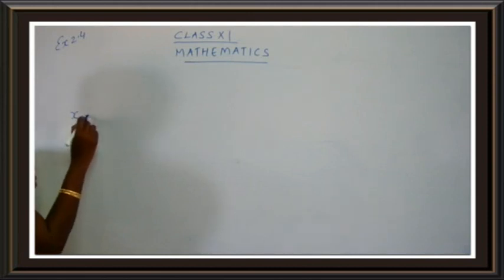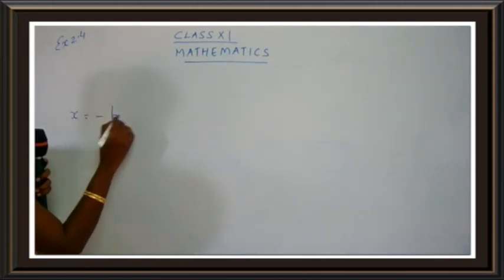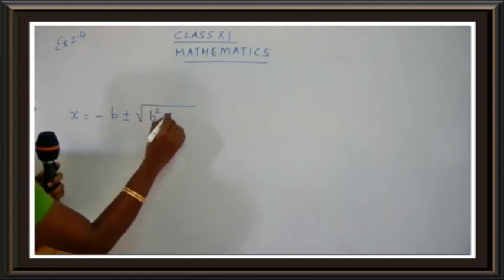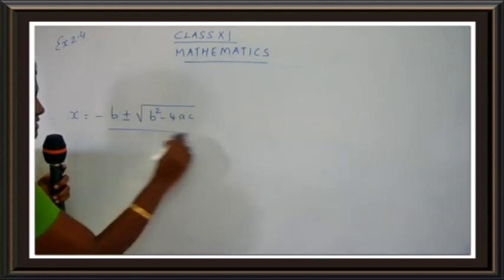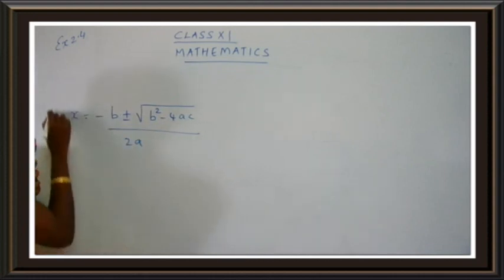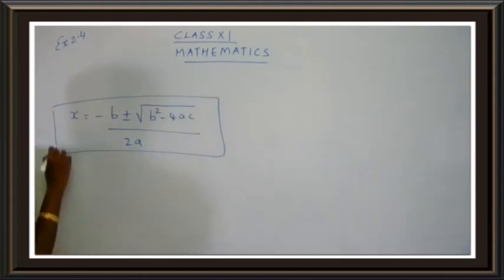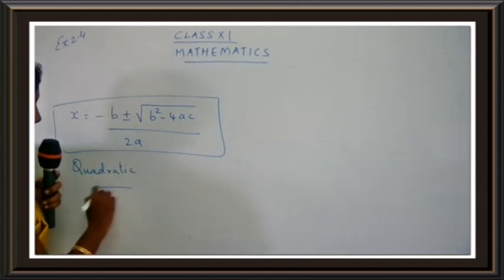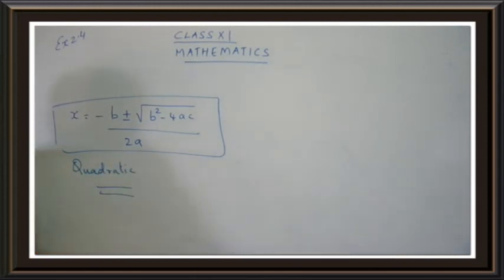So the formula was x is equal to minus b plus minus square root of b square minus 4ac upon 2a. So this was the formula that was used for finding the answers, for finding the unknown value. Quadratic formula.